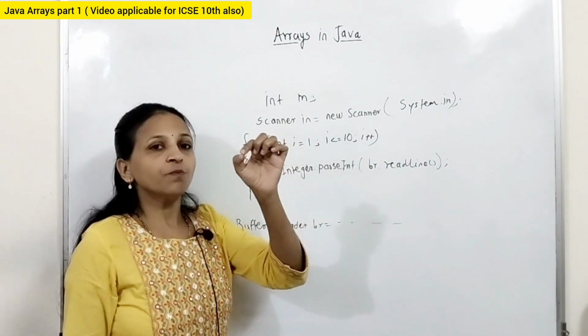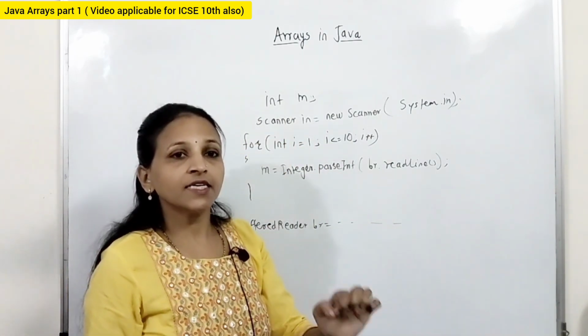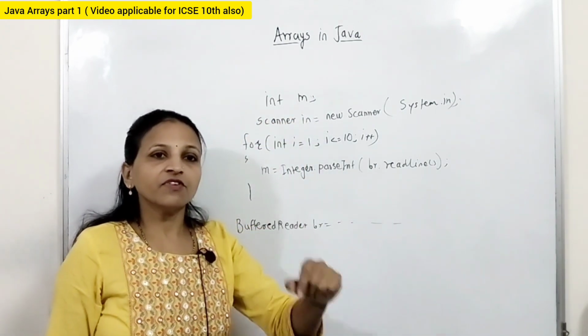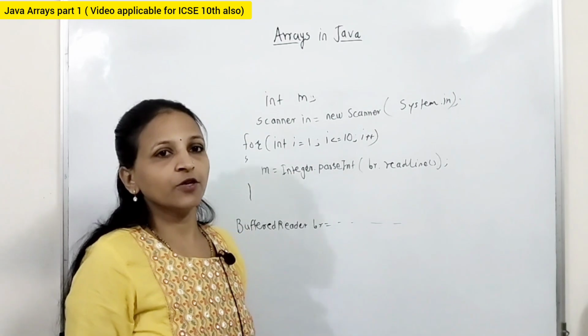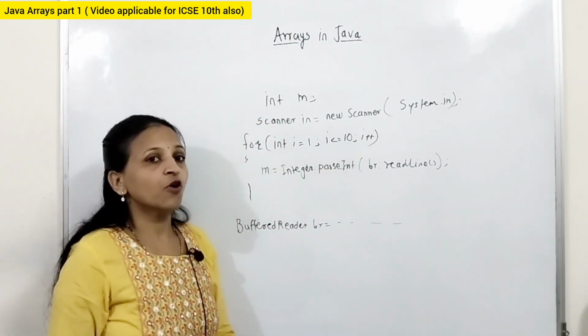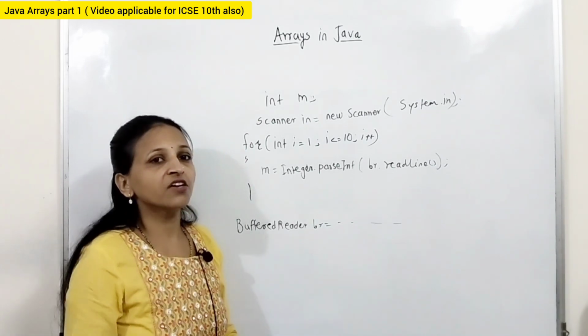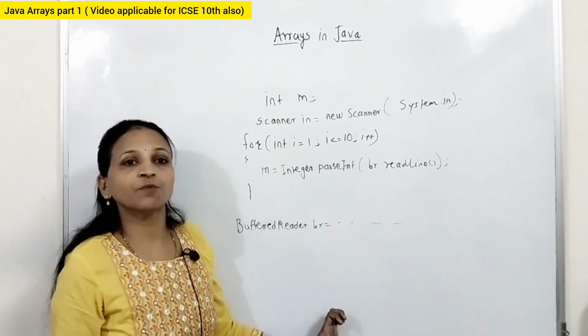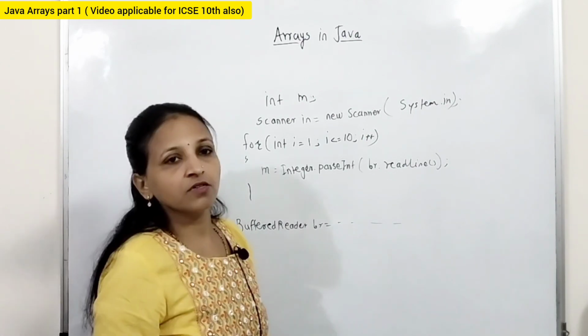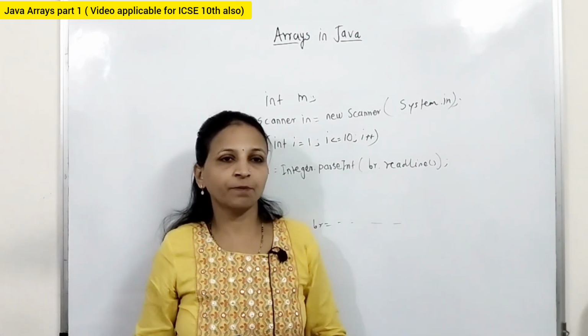The only point you have to understand here is, if we have declared a single variable, then we can store only one value there. Now let's say I want to accept 10 values from user, and I want to use all those 10 values in that program after this. For example, you want to do sorting of numbers.